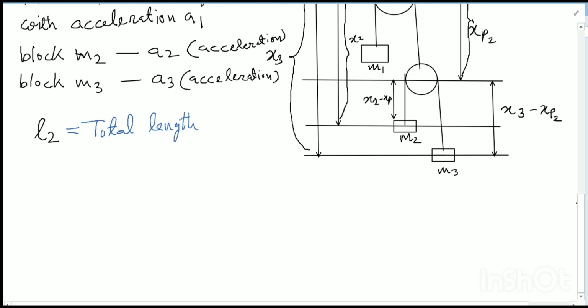Now L2 is the total length of the string on pulley 2, so it is constant.